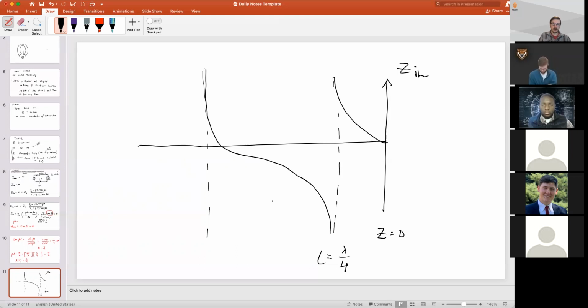Then if we go another half a wavelength, we're going to see again that the input impedance looks like it's infinite.